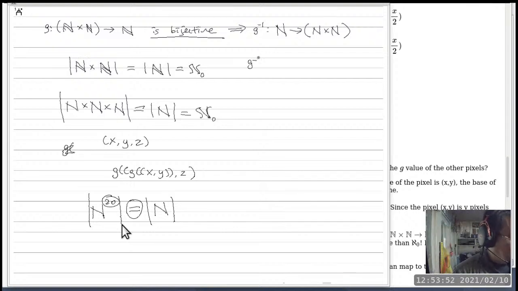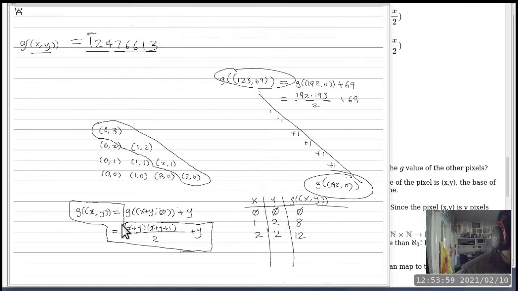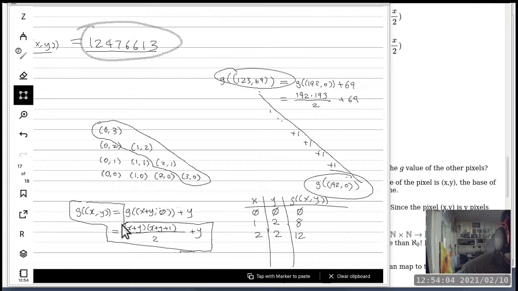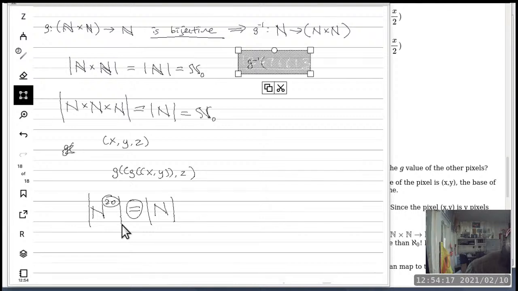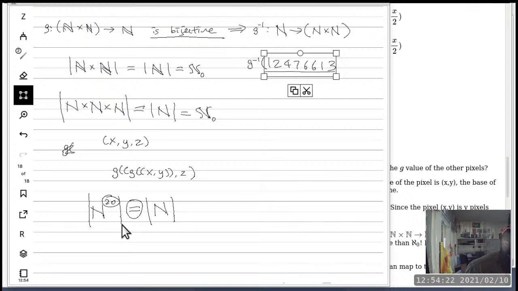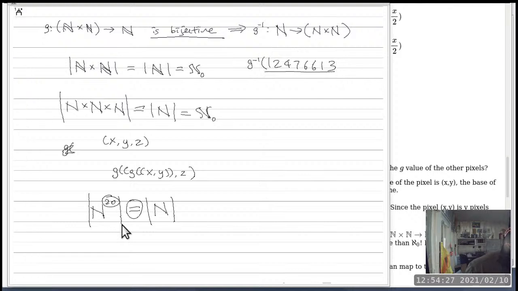So the problem is basically this. If I apply g inverse to a gigantic value, let's pick up the one that we were working on earlier. Let's pick up this one here. Let me select it, and then paste it over here. Copy the clipboard, tap any page with marker. There we go. Click it, and then move it around until it is here, and change back to my pen tool.